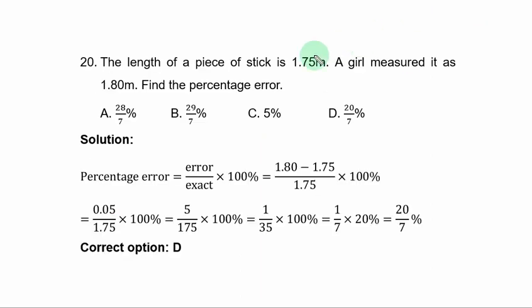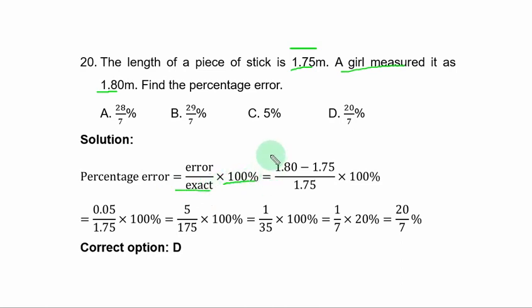Question 20. The length of a piece of stick is 1.75 meters. A girl measured it as 1.8 meters. Find the percentage error. This is the actual or exact length. Percentage error is error over exact times 100%.